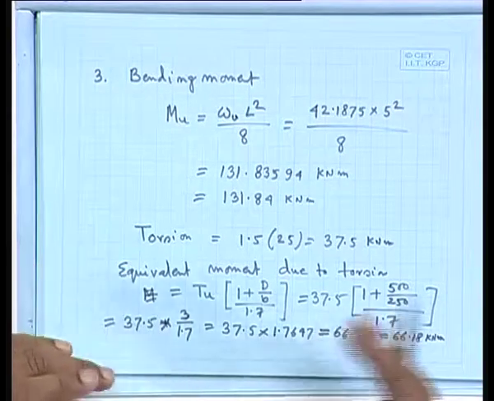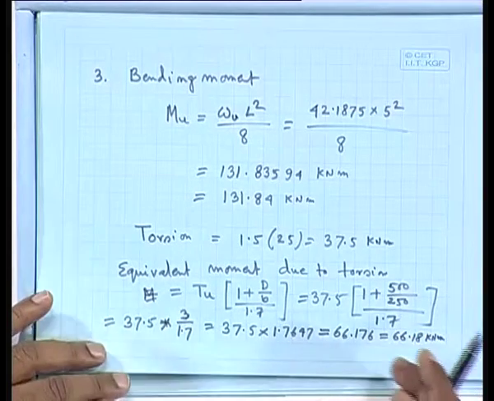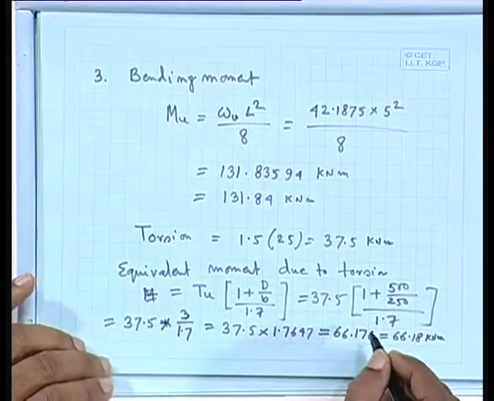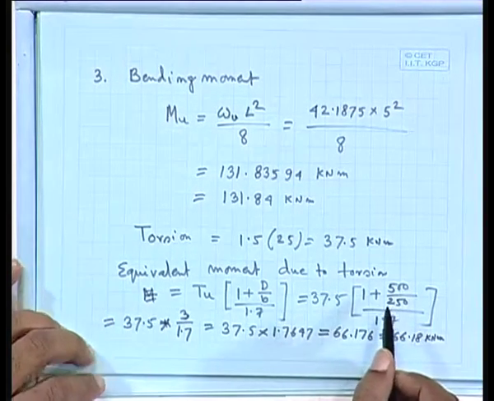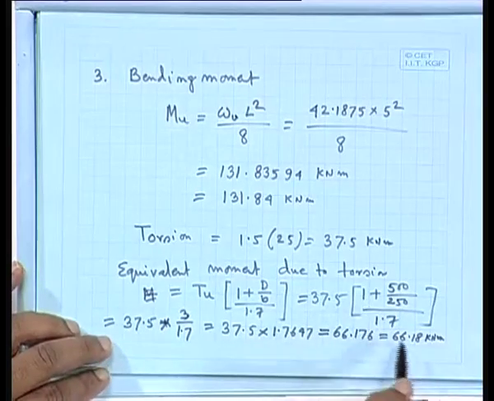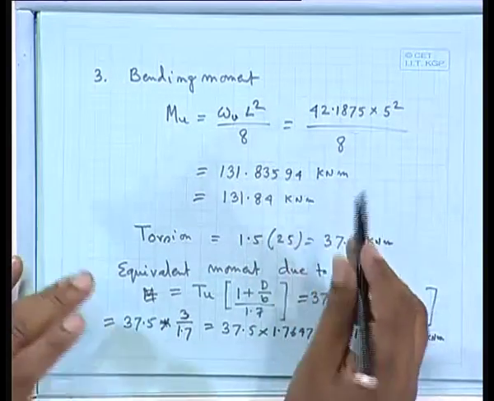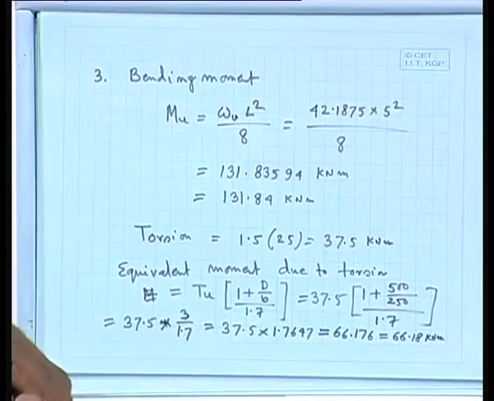One thing I would like to comment here: whenever you are getting any numerical value in design, you have to check at each and every step whether that value is coming all right or not.